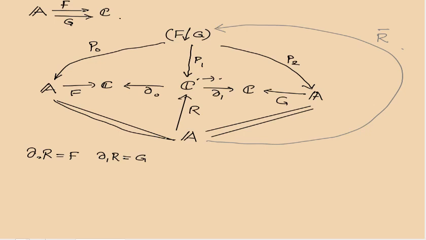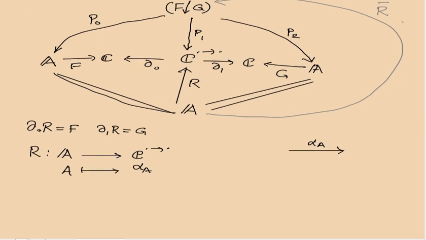Giving such a thing, therefore, I am giving each object A goes to a morphism. And again by what we have done, the domain of it is FA and the codomain of it is GA.